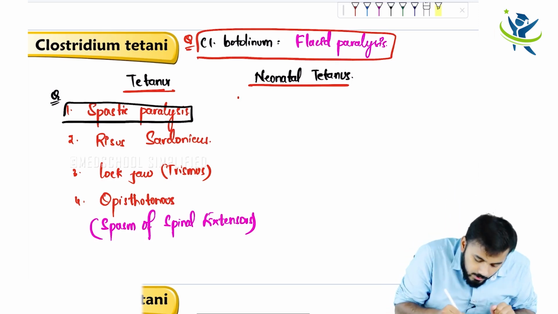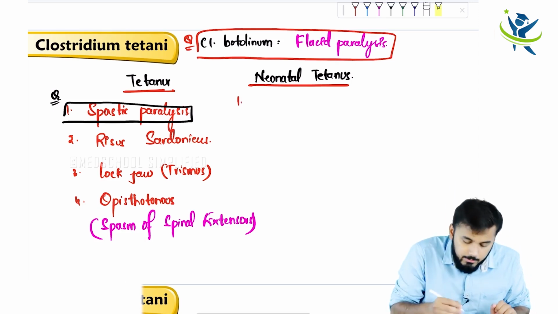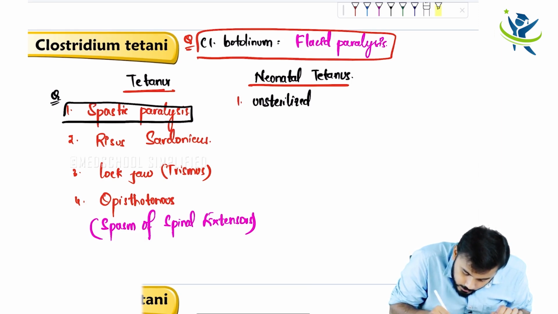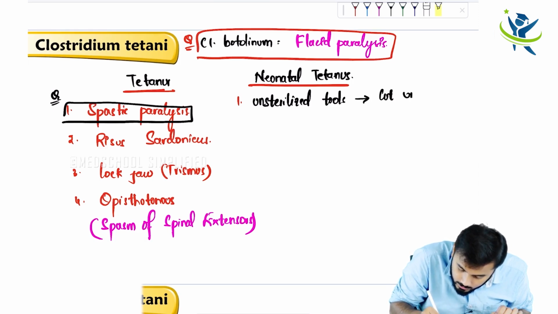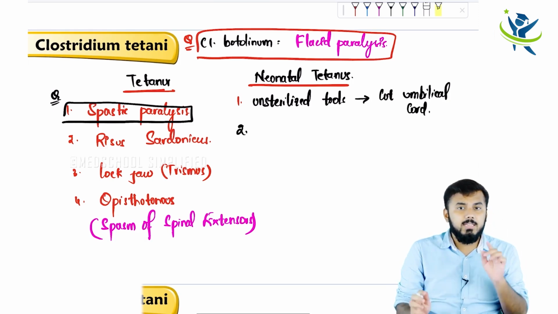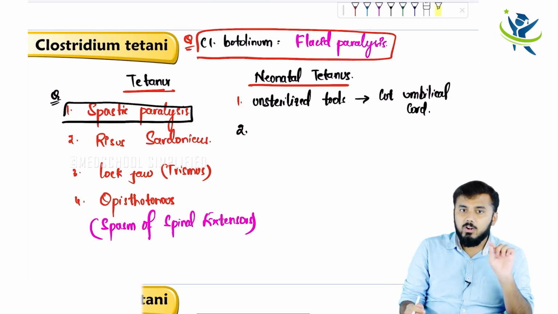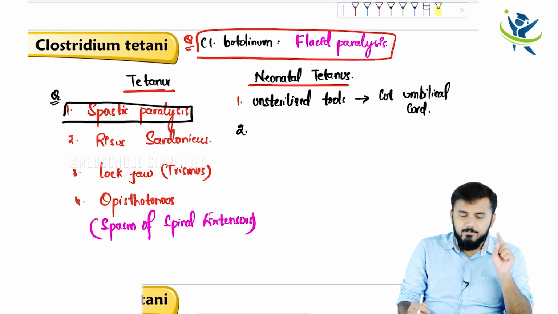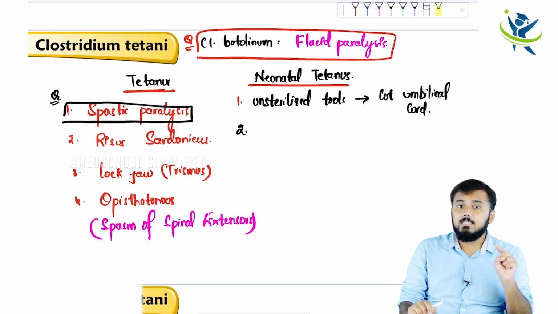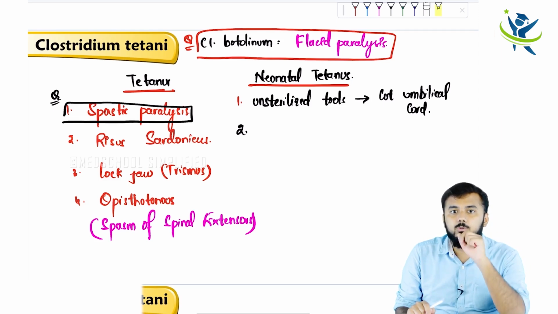Point number one: neonatal tetanus can be caused by unsterilized tools that are used to cut the umbilical cord. Second, another way is, for example, if the mother is not vaccinated and she is carrying a baby, there are high chances that it can transmit from mother to child.